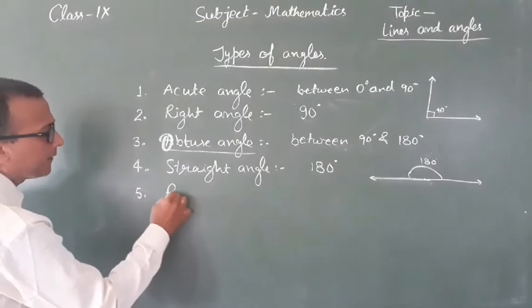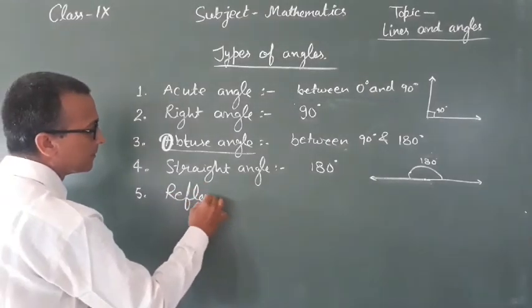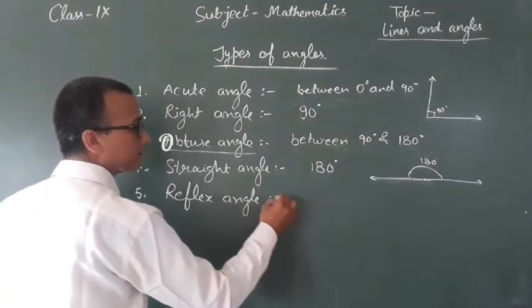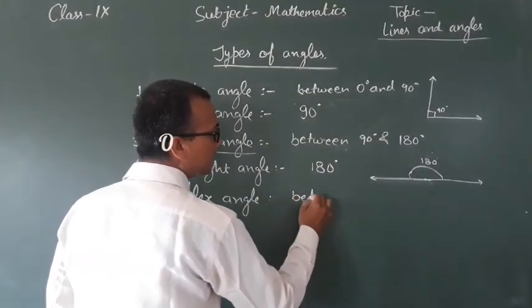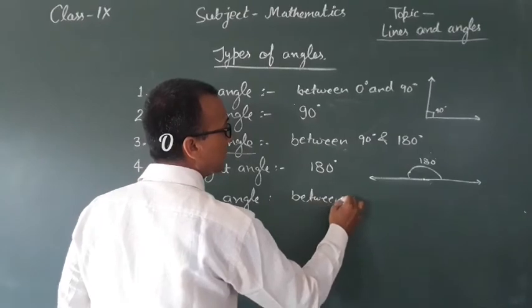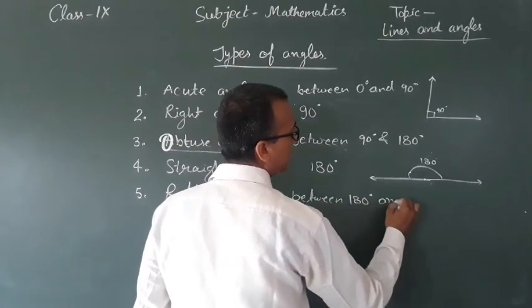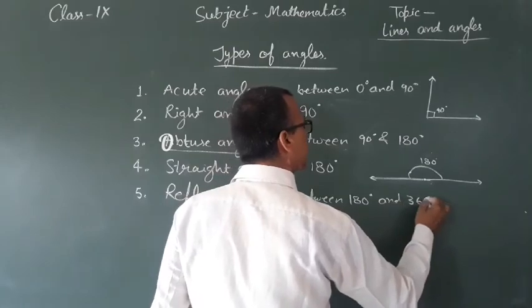Fifth number, reflex angle. Between 180 and 360.